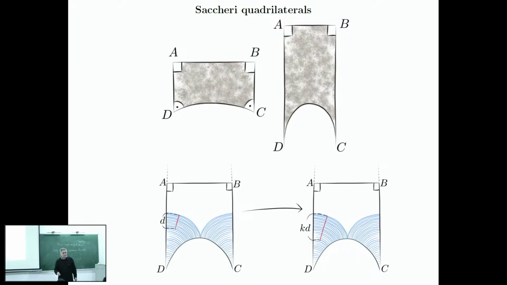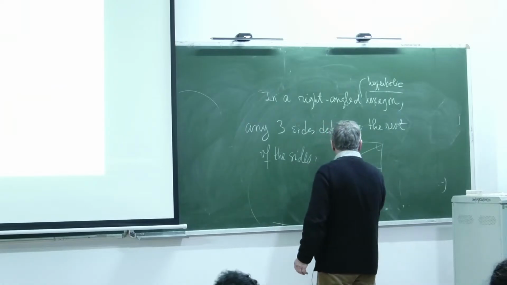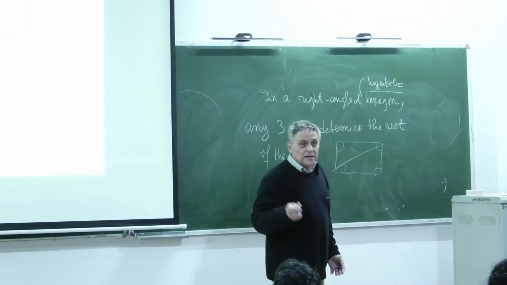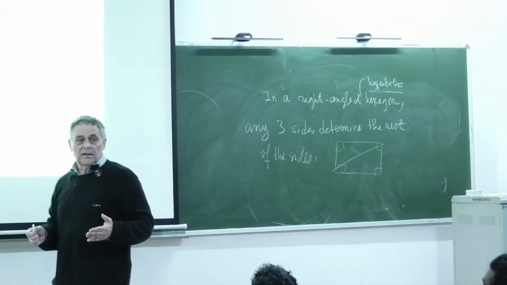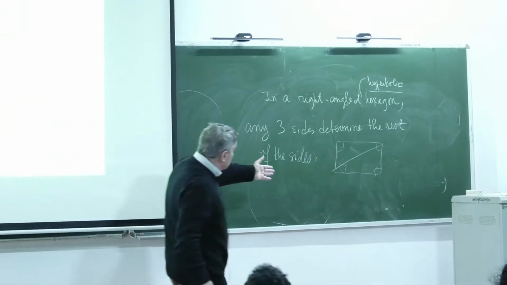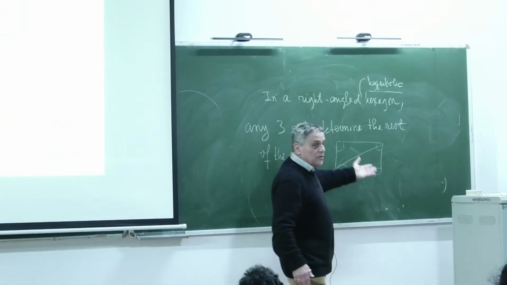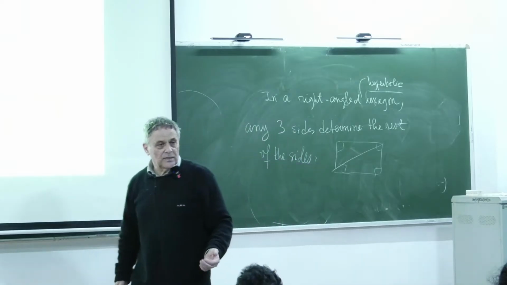Why? Yes, because if you divide into 2 triangles, you know that the angle sum in triangles is strictly less than 2 right angles. So here you would have 2 triangles with the angle sum equal to 4 right angles. This is not possible, right?